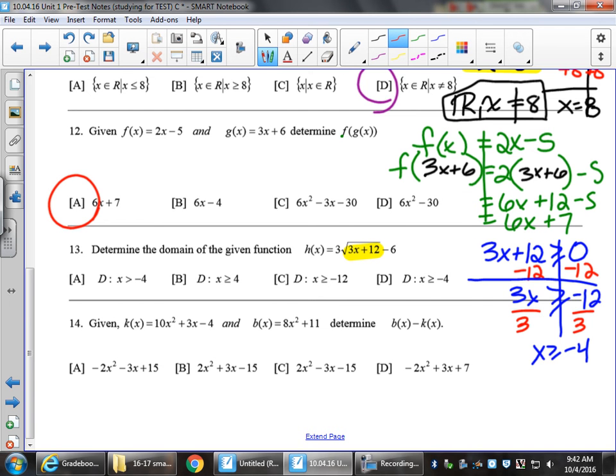Now, I am extremely interested in everybody getting 14 correct right now because of all the subtraction mistakes I saw in your quiz. With subtraction, you need to remember to use parentheses. Try it right now. 14.